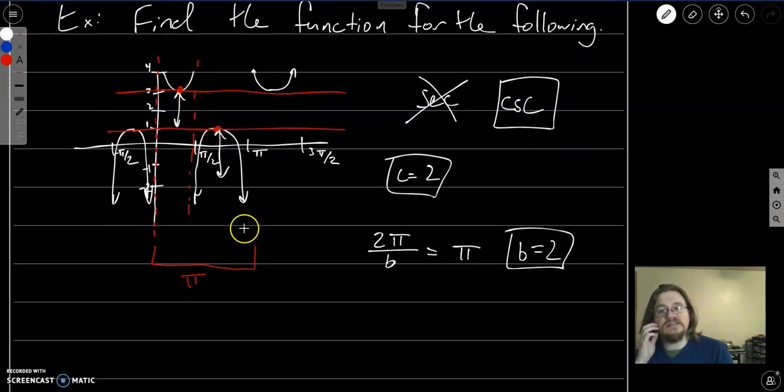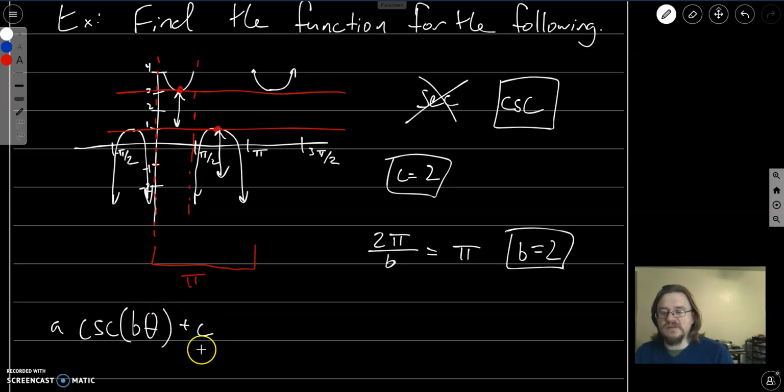And then the question is, what is a? So if I'm thinking about all this, and I have a times cosecant of b theta plus c, we know we've shifted the entire thing up by 2. We've squished everything in by a factor of 2 as well. So at the moment, we know that we have cosecant of 2 theta plus 2.